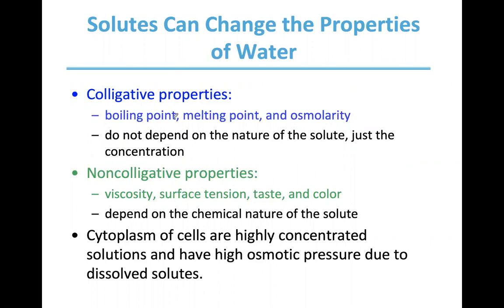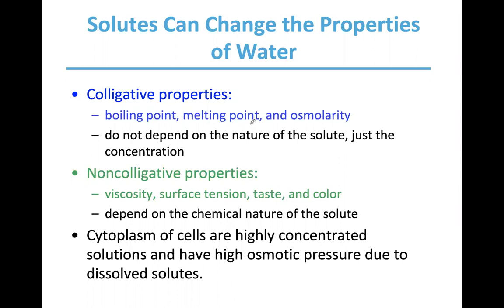For example, if you have sodium chloride, table salt, and drop this in water, or if you have potassium sulfate, drop this in water, as long as they're the same concentration, they will increase the boiling point of water by exactly the same amount, exactly the same degrees.